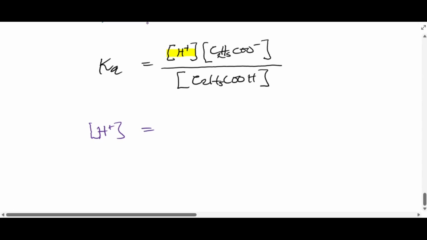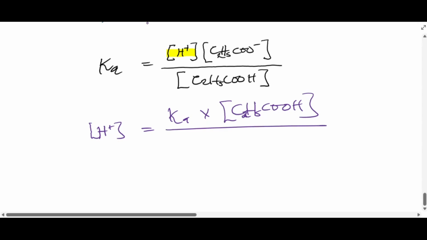This will give us the Ka times the concentration of our propanoic acid, C2H5COOH, divided by the concentration of the propanoate ion, C2H5COO minus.